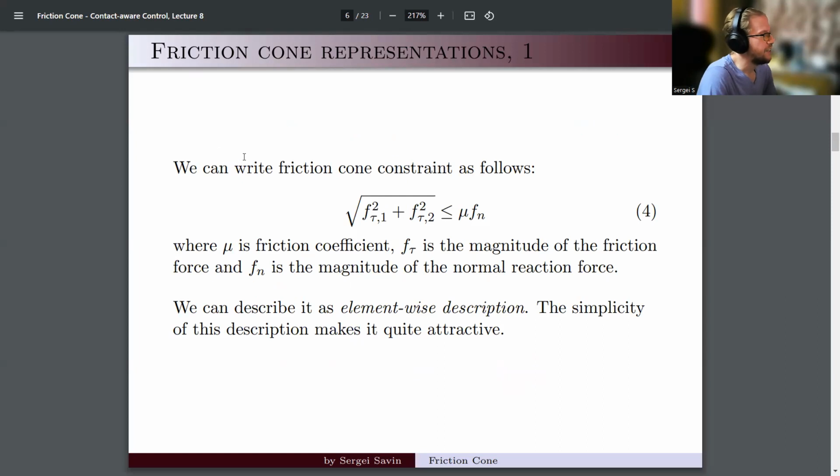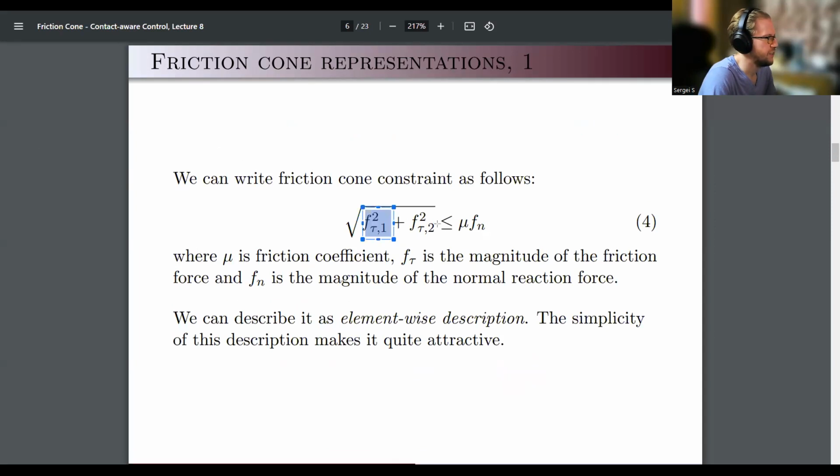Now we can write a friction cone constraint in the following way. We can say the square root of F tau 1 squared plus F tau 2 squared should be less than or equal to mu times Fn. So you can see this is a scalar or coordinate representation. If we know the coordinates of each of those forces, we can write it in this very simple manner.